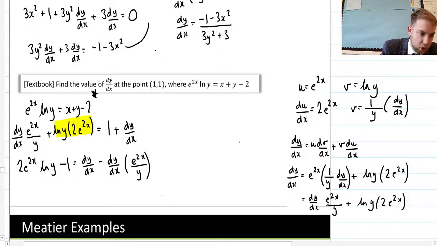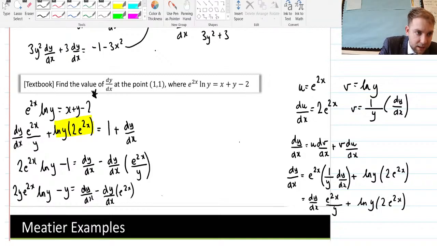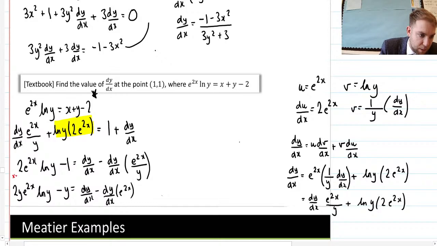So that's going to be equal to 2y e to the 2x ln y minus y is equal to dy by dx minus dy by dx of e to the 2x. Let's just make that nice and clear to the examiner what I've done there and to everybody catching up. So I've times by y and times by y there.